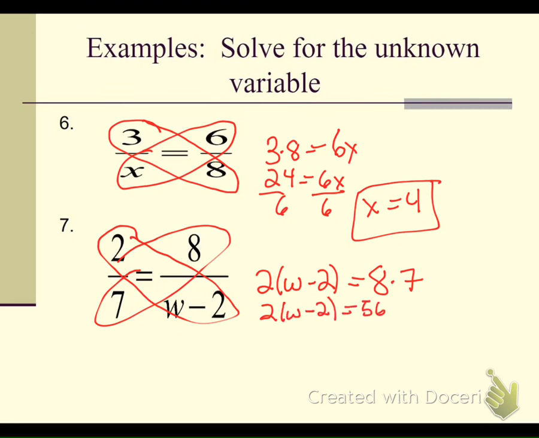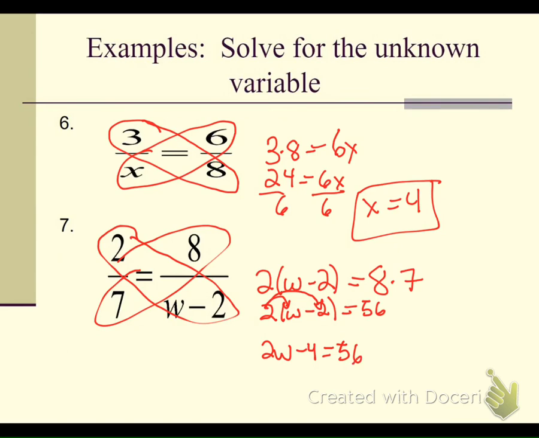At this moment, there are 2 ways to solve this problem. Last class, we solved them both ways. Which way would you like to see first? Distribution or just division? Sounds good to me. So if we're going to distribute, we have 2 times w, which gives me 2w. 2 times negative 2, which gives me negative 4, equals 56.